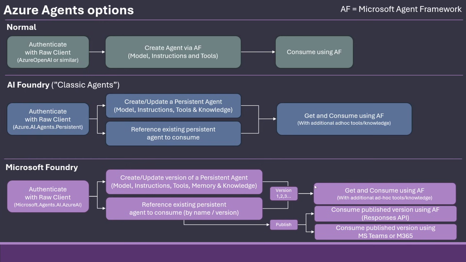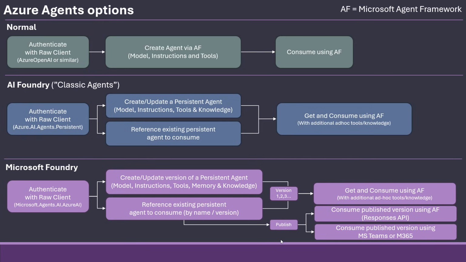And then you consume it, but the new system is that you should actually not do that. Or they're kind of vague on what you should do and what you shouldn't do. You can do it, but you can also publish an agent, meaning that it gets its own endpoint.